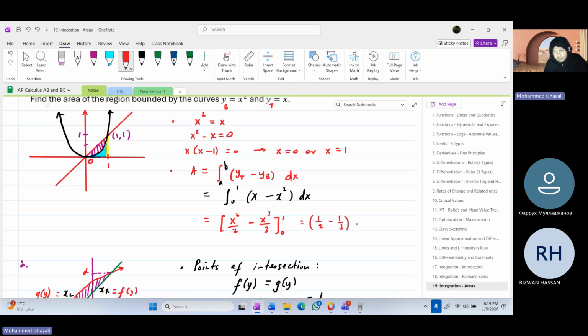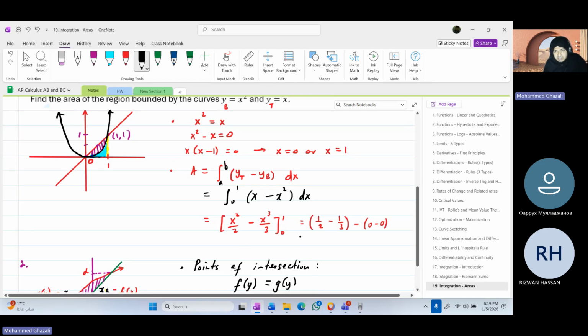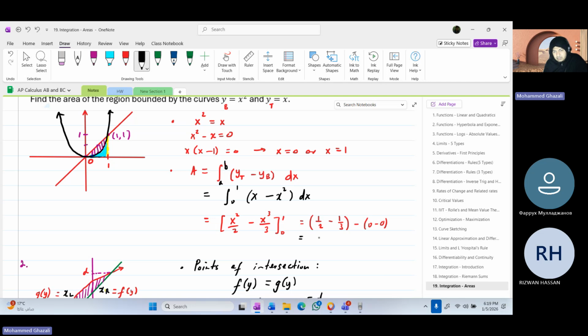That's substituting the upper boundary minus the lower boundary, and by substituting 0, I'll just get 0 minus 0, which is just 0. And half minus a third, you can put everything over 6, which is 1/6. Let's see, yes, it's 1/6 units squared.